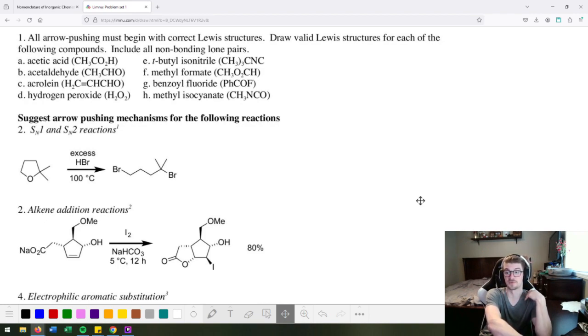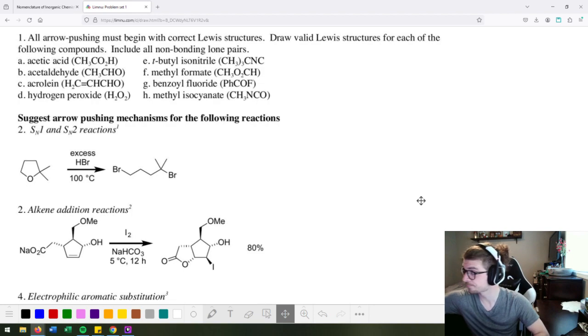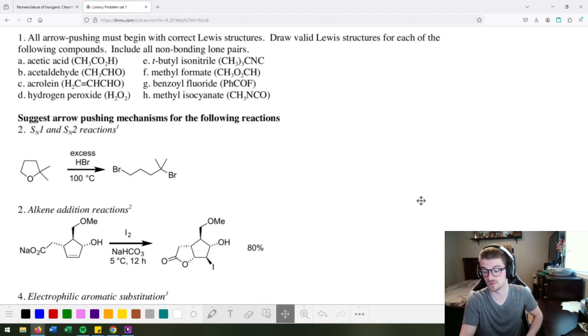So we have to go through a specific order of operations, and the order that we do things in and the orientation that we have things in is important, because SN1 and SN2 have specific outcomes in terms of their stereochemistries, like which groups are pointing where on the molecule before and after. And so we'll talk about those as we get to them.